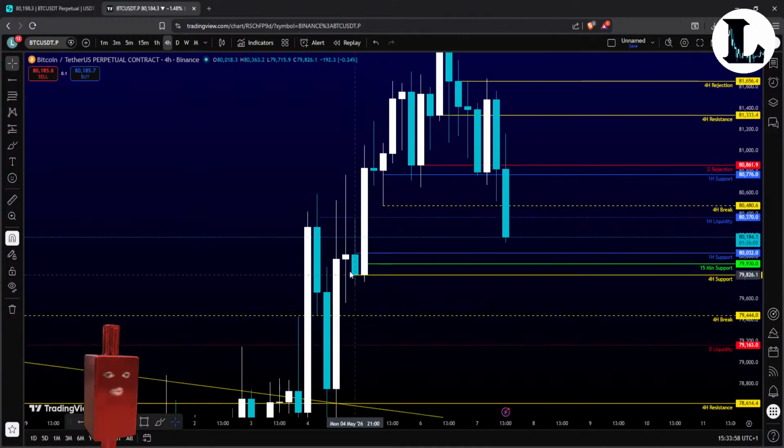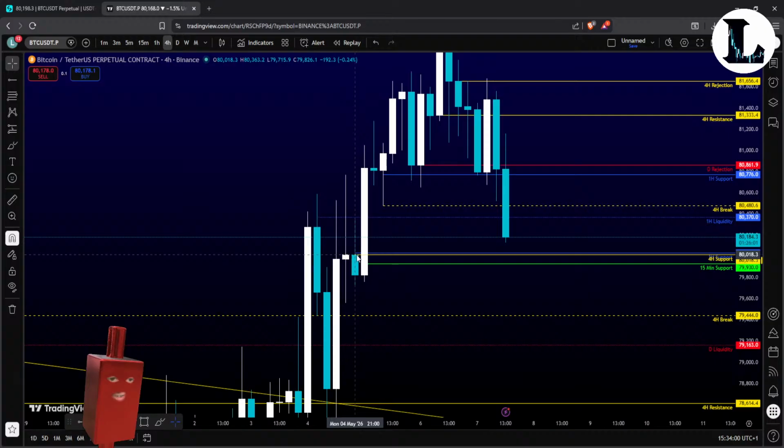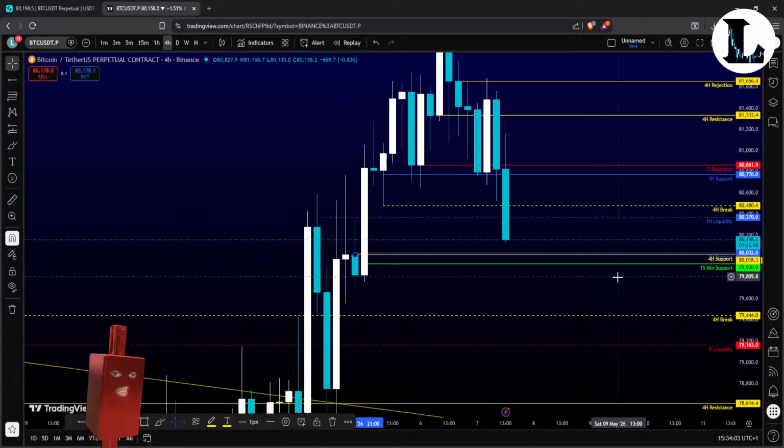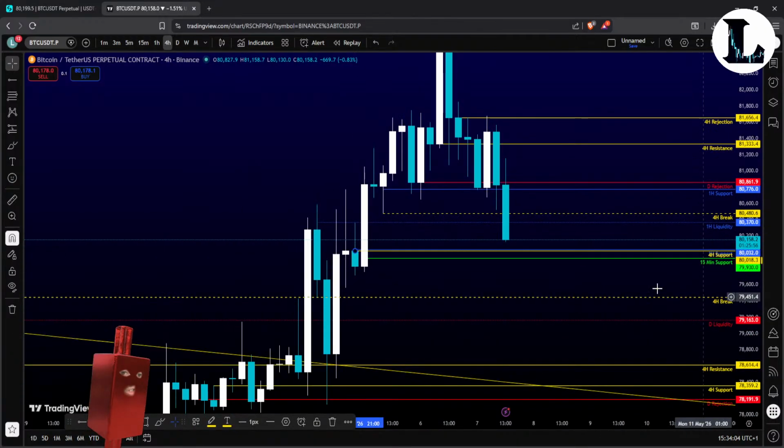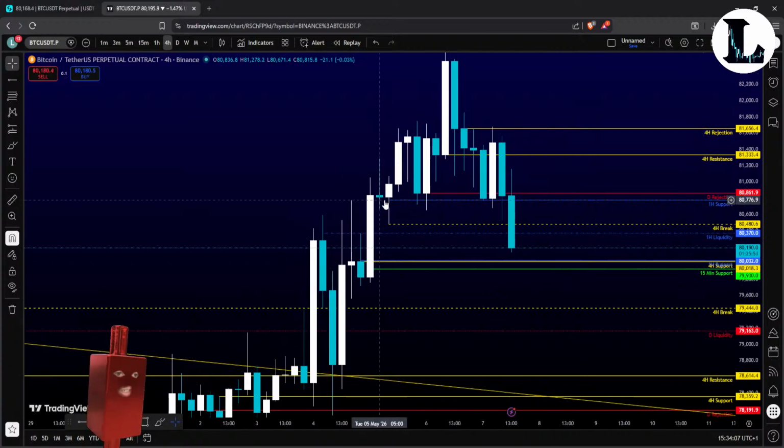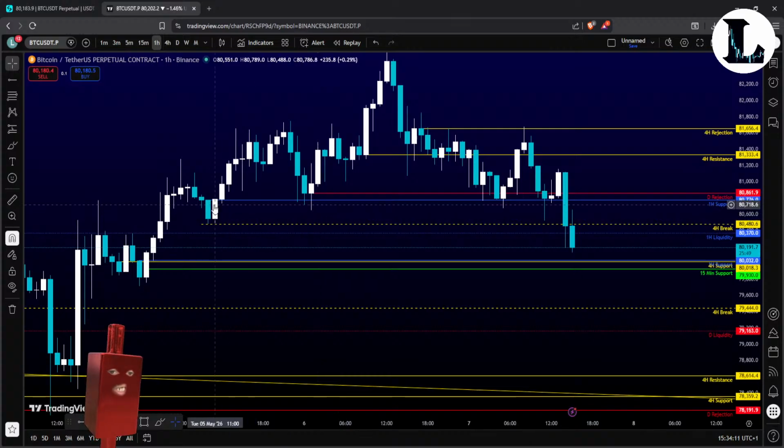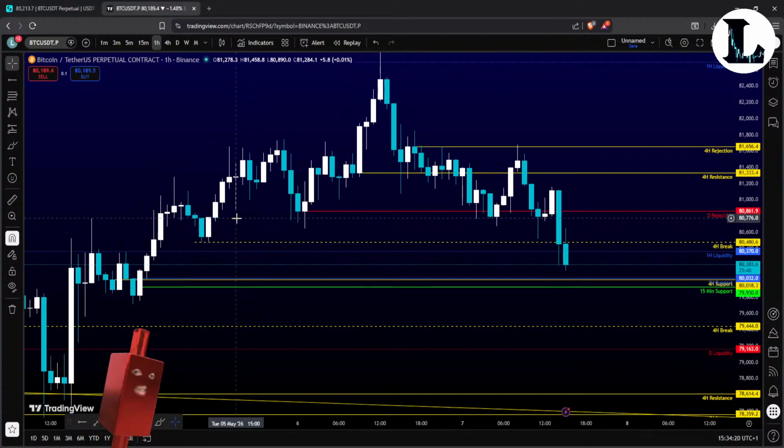And I'm gonna move the 4 hour to the body, of course. The body is going to be a stronger level of support. We don't need this 1 hour anymore as a support. You can see here it was tested multiple times and eventually it just breaks down, sorry.